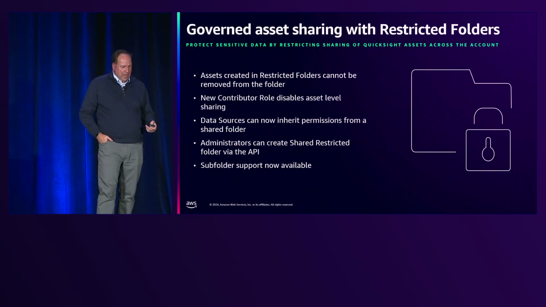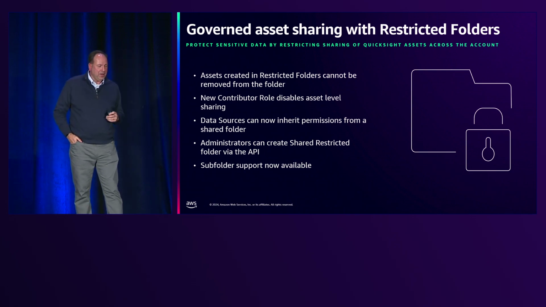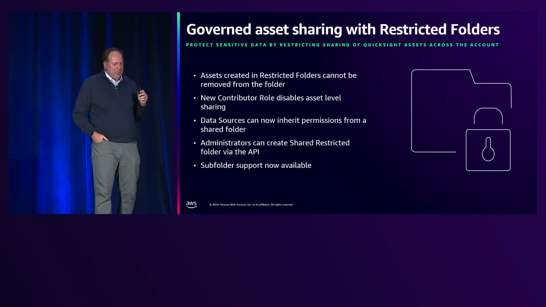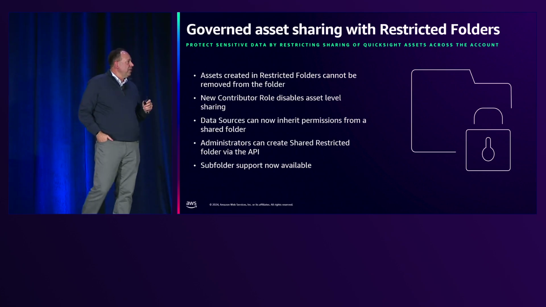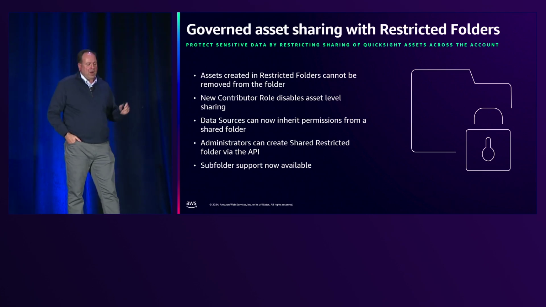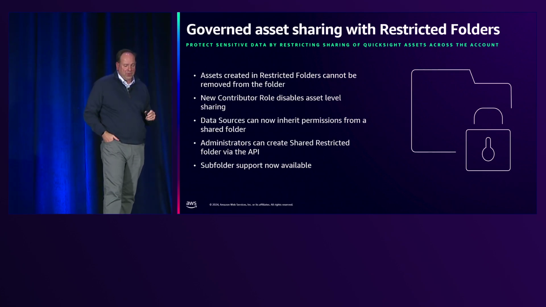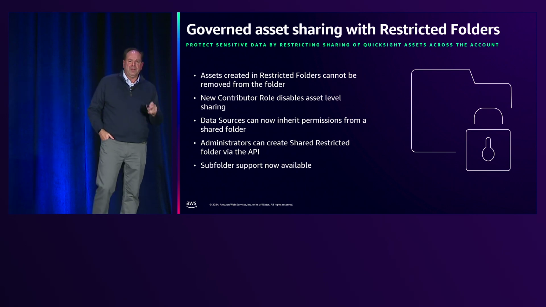All right, I'm going to have to speed up a little bit here. Governed asset sharing with restricted folders. Shared restricted folders in QuickSight are a special type of folder. There are two things to take away.